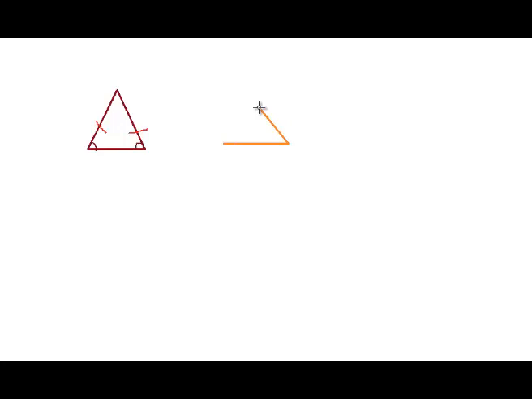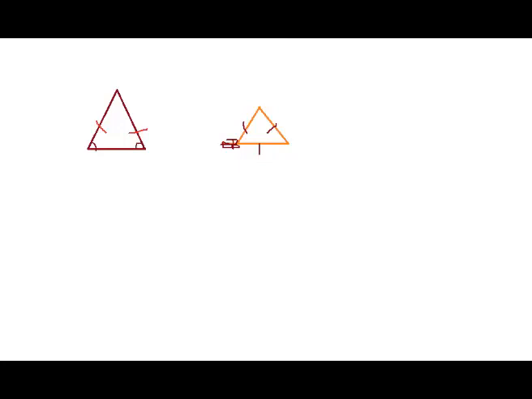Well, anyway, just pretend that all these sides are equal to each other. That's an equilateral triangle. Then you have something called a scalene triangle, in which none of the sides are equal to each other.